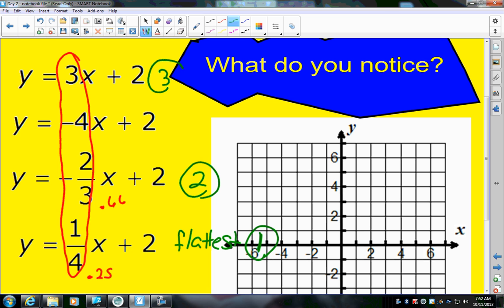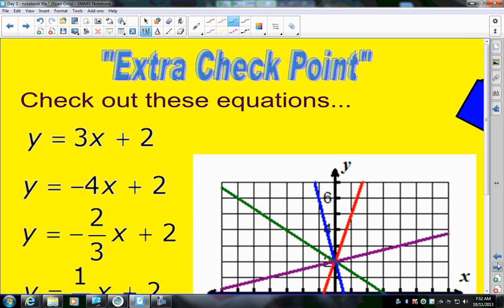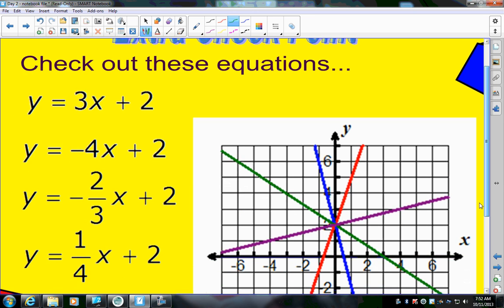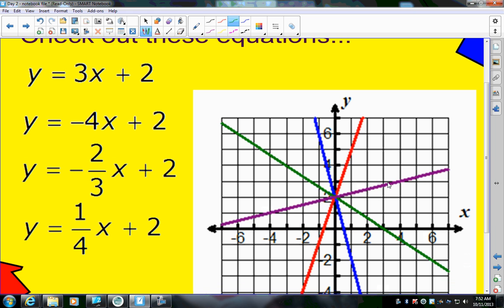The 3, and then the 4. This is not on your paper, this is just up here on the board. As you look at these equations, here's the 1/4, the flattest. -2/3 is right here, the green. It's just showing it all graphed.